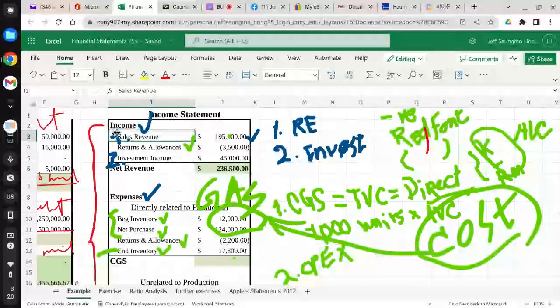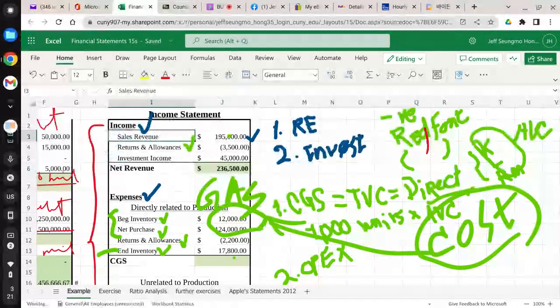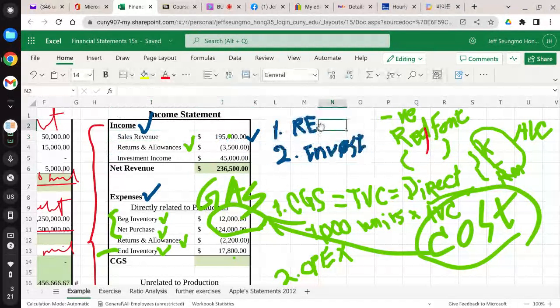Let me get rid of these. Oh, I see what they are. I put 1 and 2. Okay, that means revenue.